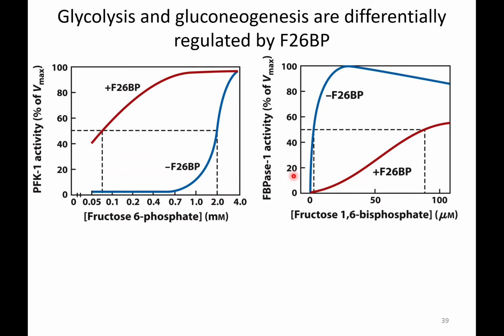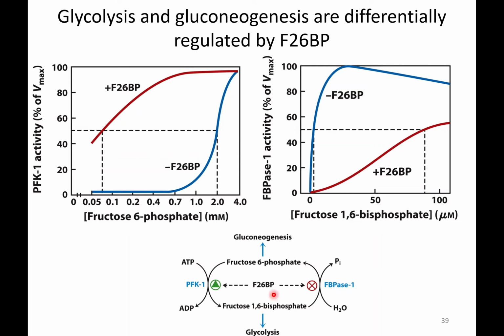Conversely, when we look at the gluconeogenic enzyme for that same step, in the presence of F26BP, that makes the binding of the substrate and the rate much lower than when it's not present. So it's an opposite effect here. It's turning off gluconeogenesis and turning on glycolysis.